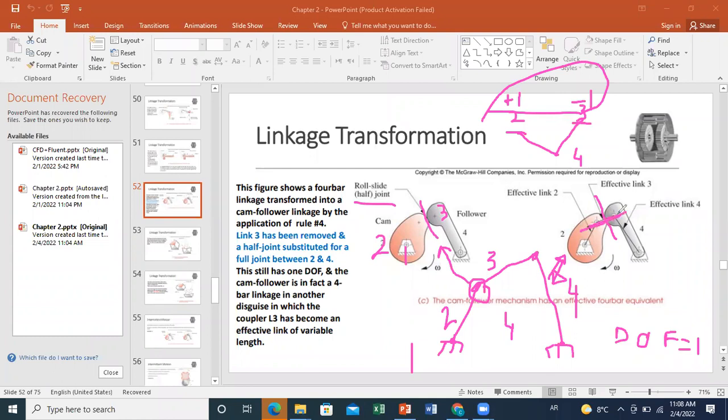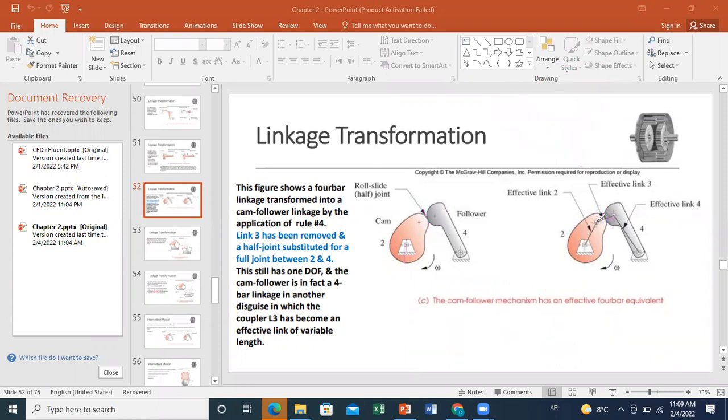So we can say that the force is transmitted between the cam and follower through this line. So it's as if we have a certain effective link here joining the 2 parts. So you will have an effective link where the force will be transmitted through the line of contact, and you have 2 links to the ground.